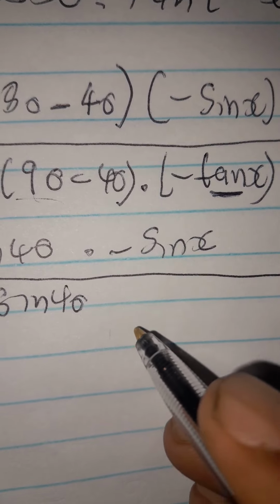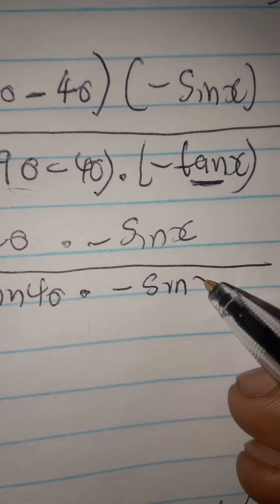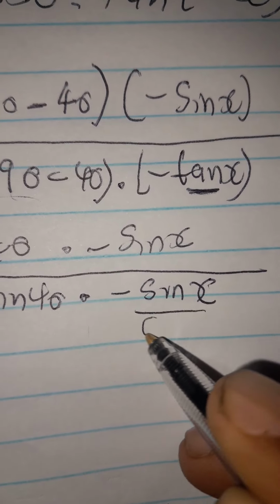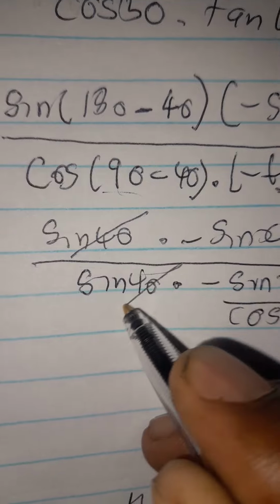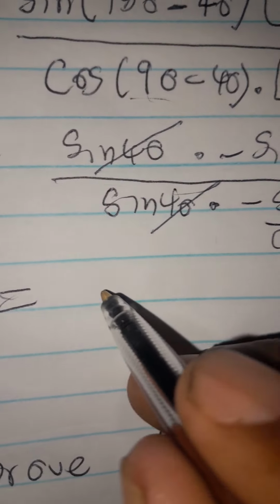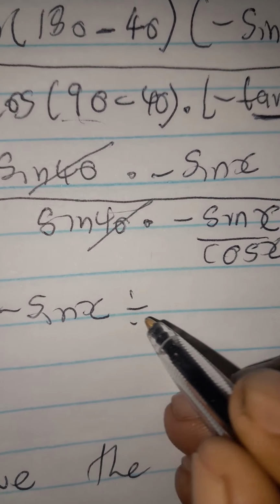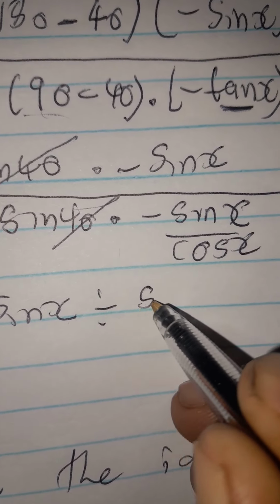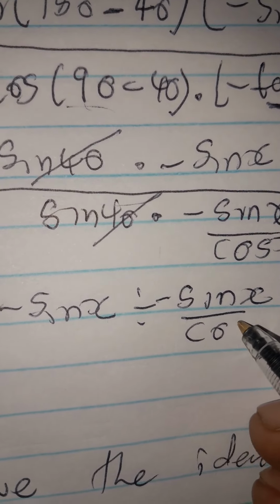Then tan, remember, according to identities, tan is what? It's a quotient identity. So we are going to change it to sine x all over cos x. Common trigonometric ratios will cancel each other. So in this case we are going to have negative sine x divided by negative sine x all over cos x.